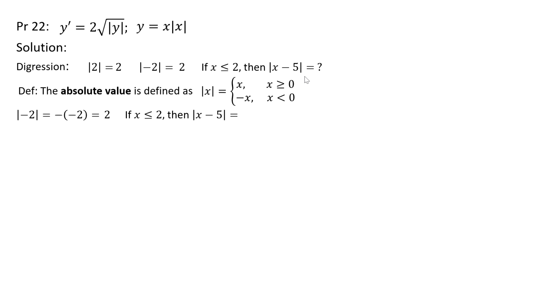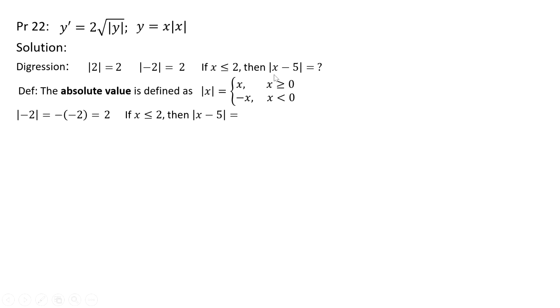What do you mean by context? Yeah, what is the context? The context is apparently x is less than or equal to 2. Can we figure out whether x minus 5 is positive or negative if that's the case? Wait, x is taking on values of 2 or less than 2.